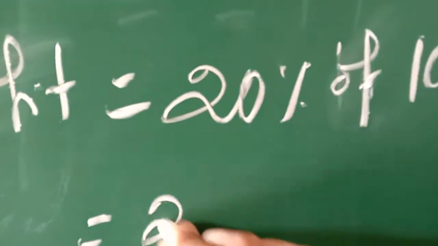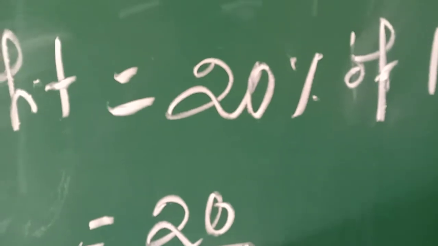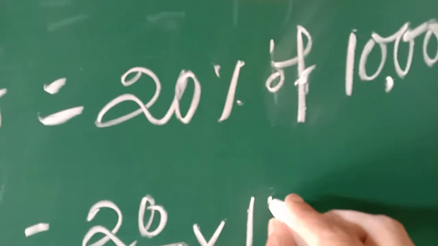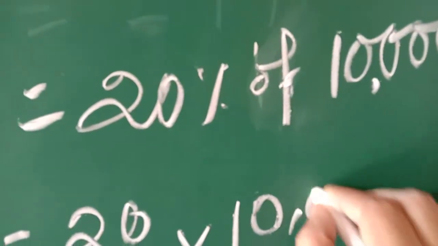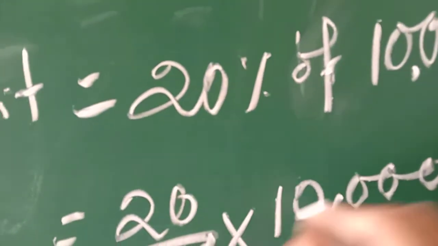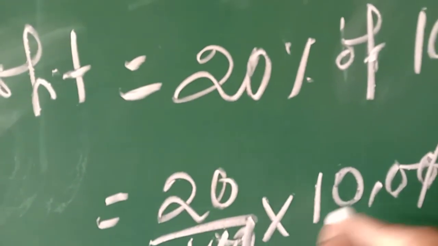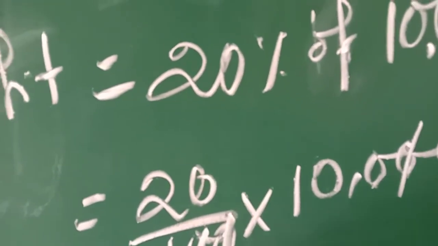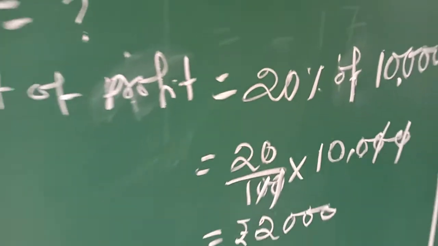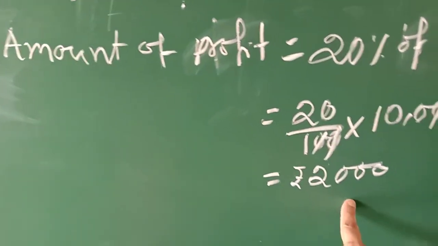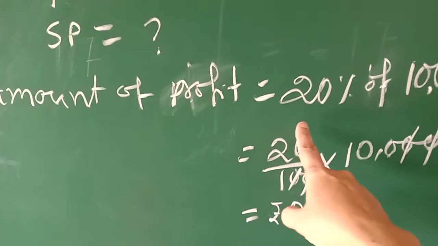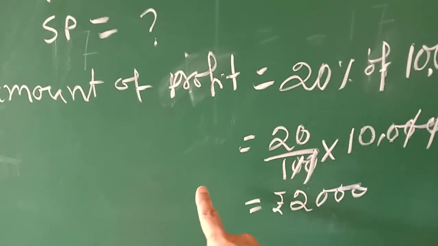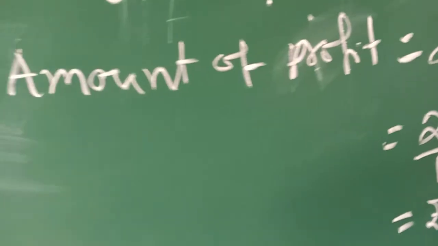Let's try. This kind of sum was there in your exercise 8.1, I think. 10,000, cancel it. Now it is rupees 1, 2, 3: 2,000 extra money. That extra money will be added because it is profit. Out of 10,000, 20% profit means 2,000 rupees extra will be added to the cost price.